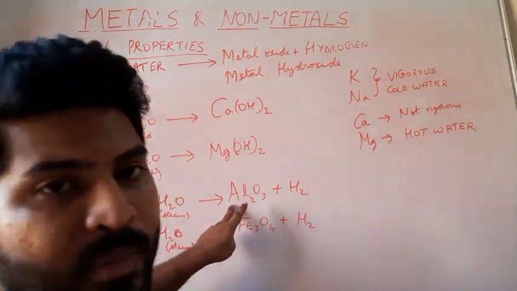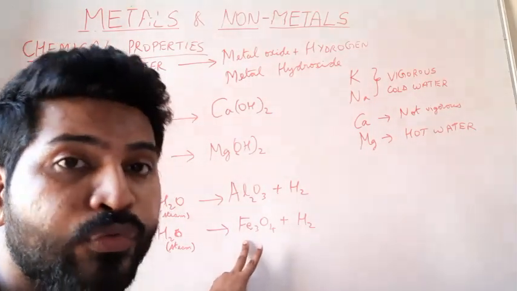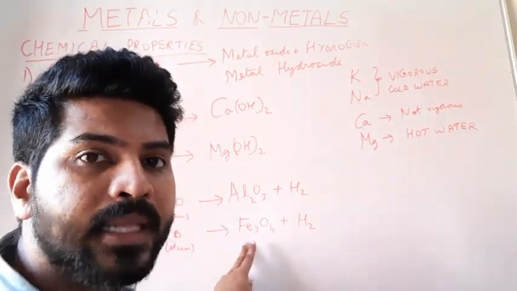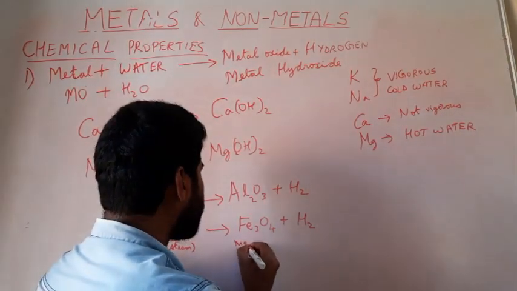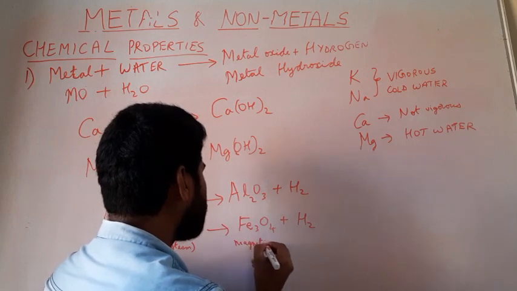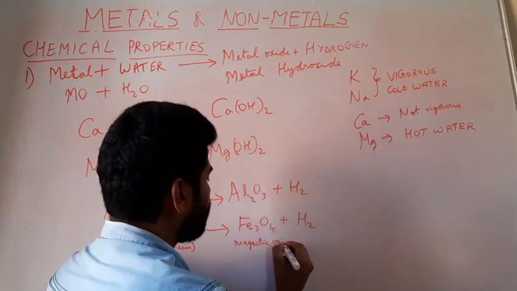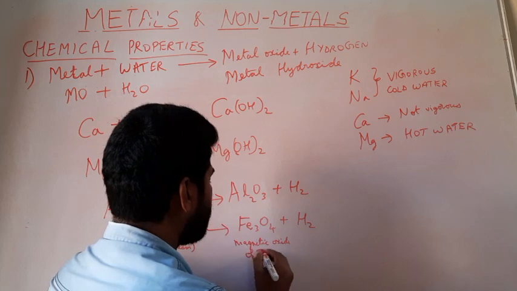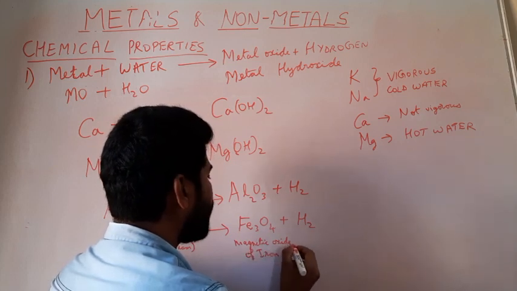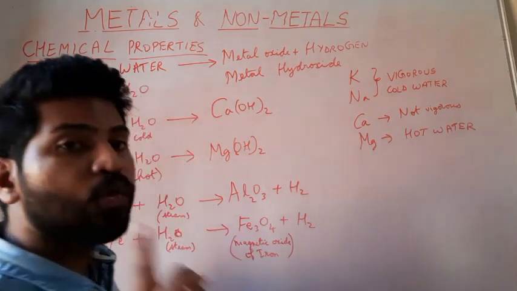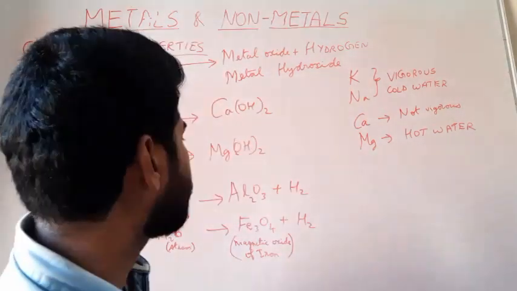So there is aluminium oxide and this is Fe3O4, called as magnetic oxide of iron. Magnetic oxide of iron is not to be confused with Fe2O3, iron oxide.